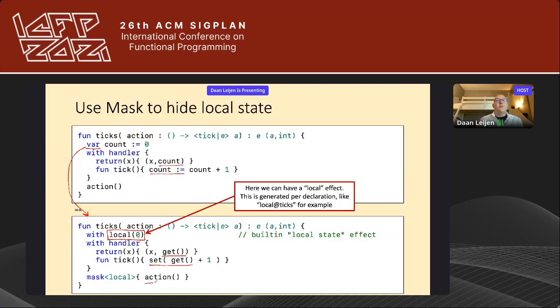And then the moment you execute action, you don't want action to be able to access our local state, right? So there will be a mask local around it. So inside of here, you'll have a local state effect, but outside, it's completely hidden. We can hide it completely with the masks, just like earlier.